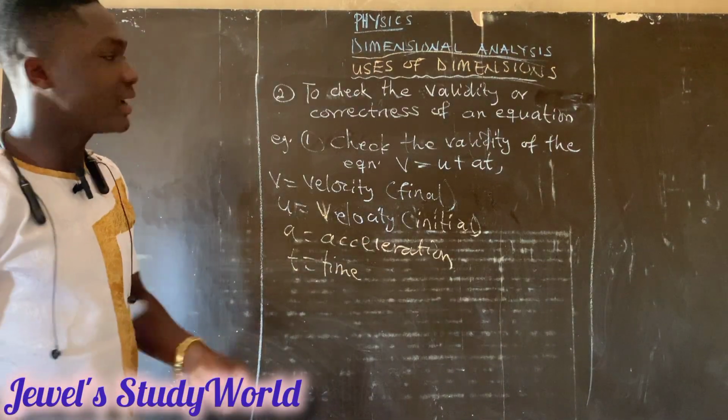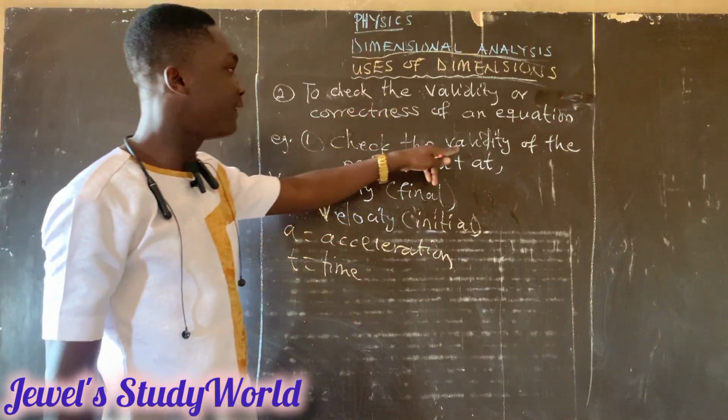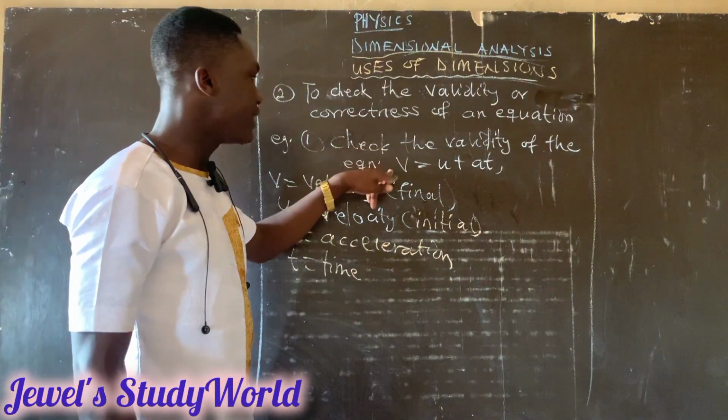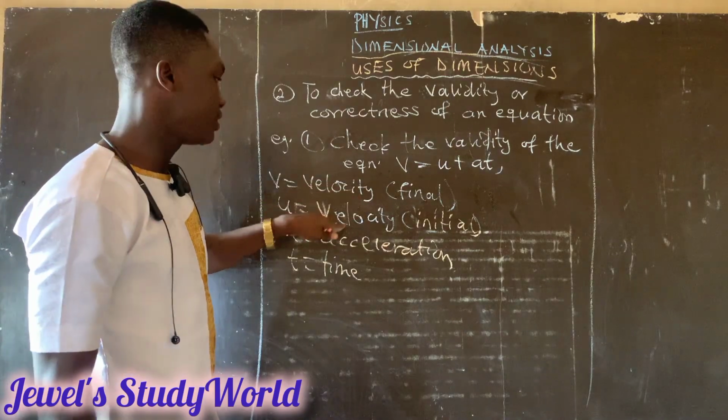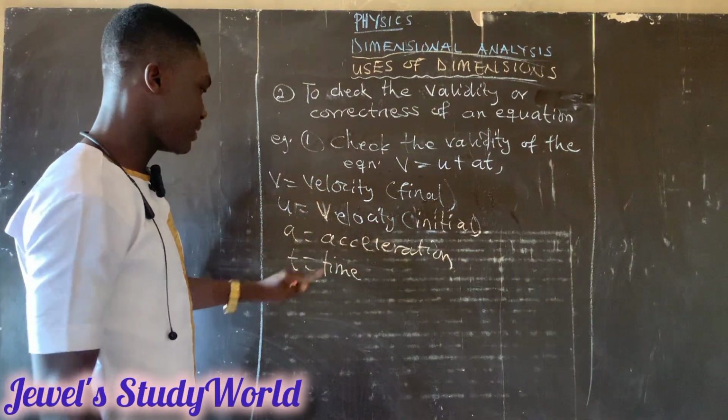We are told to find the validity of the equation v is equal to u plus at, given that v is final velocity, u is initial velocity, a is acceleration, and t is time.